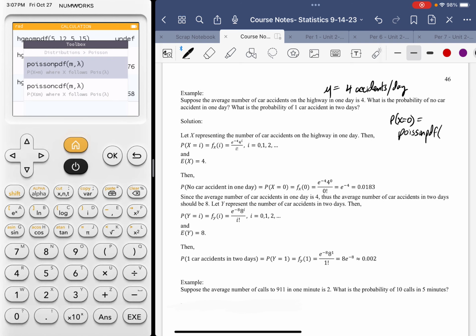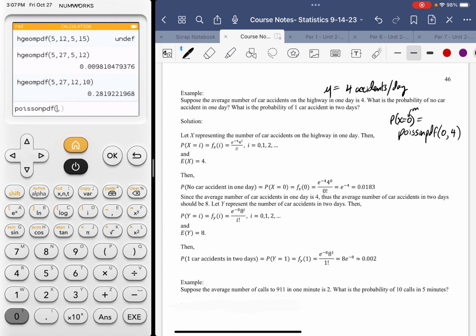So no cars, I would put that in as my M value. That's sort of the difference between the way NumWorks does it and the way we do it. So 0, and then that lambda that they put in there, we use mu, they use lambda, that's going to be a 4. So Poisson 0, 4, and you get the same value you would get if you did it out by hand.